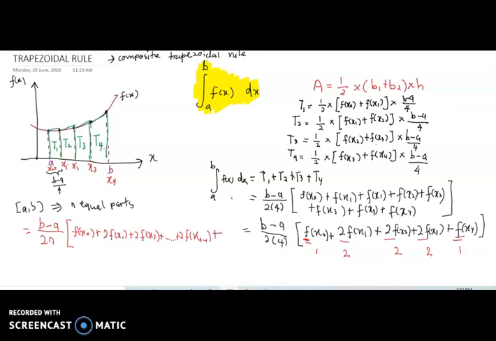And the last term, the coefficient is always 1, so the last term is f of xn.